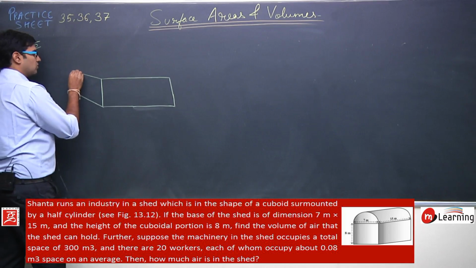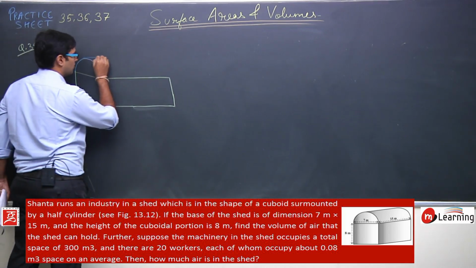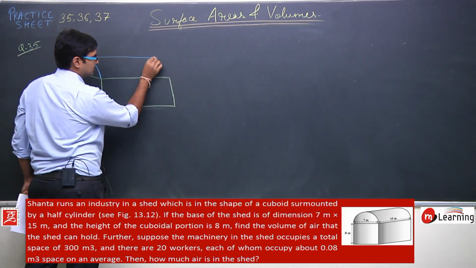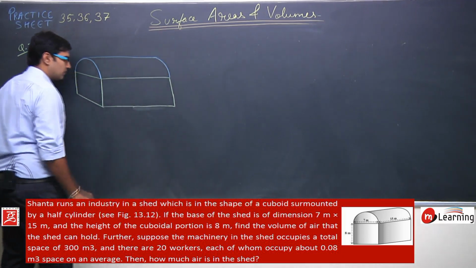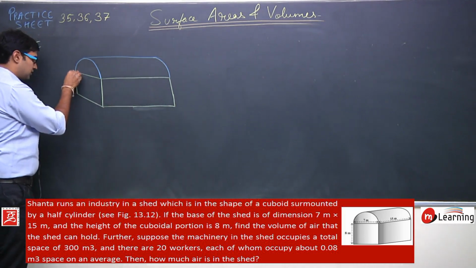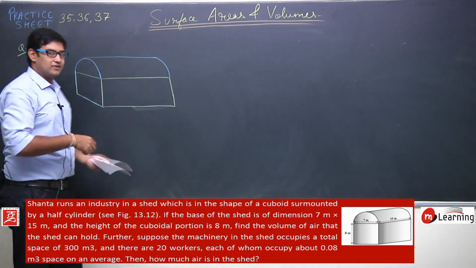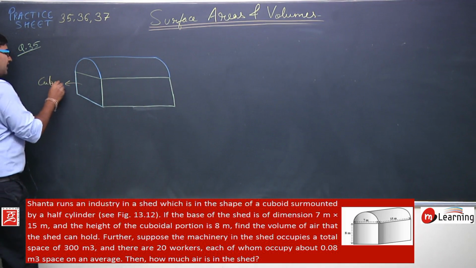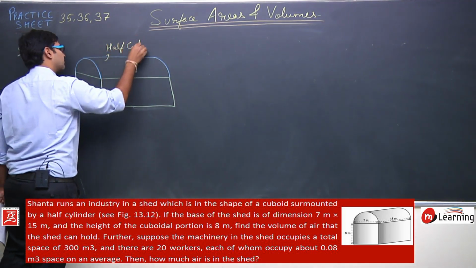So we have this as the cylindrical top. So what we have is, this is the cuboidal portion, and this is the top, which is a half cylinder. So this is a cuboid and this top is a half cylinder.